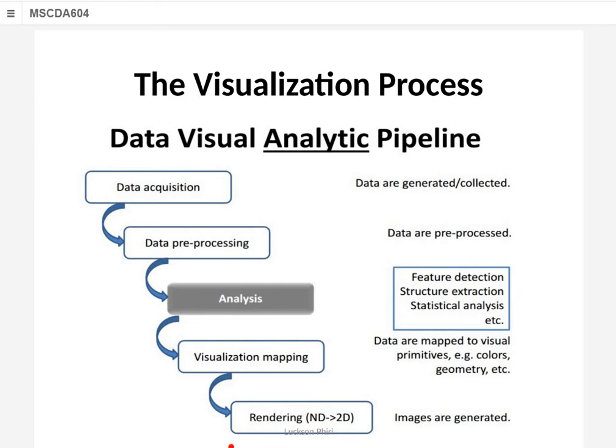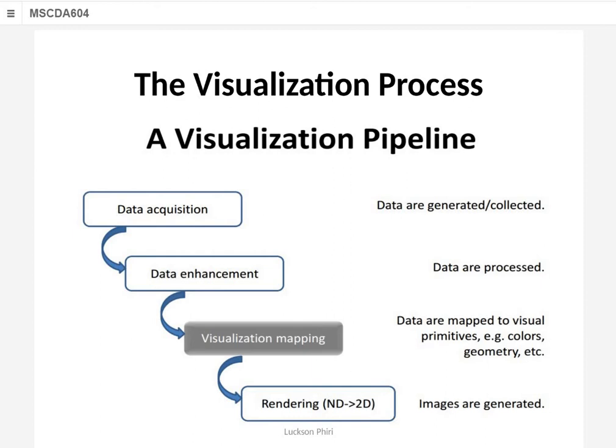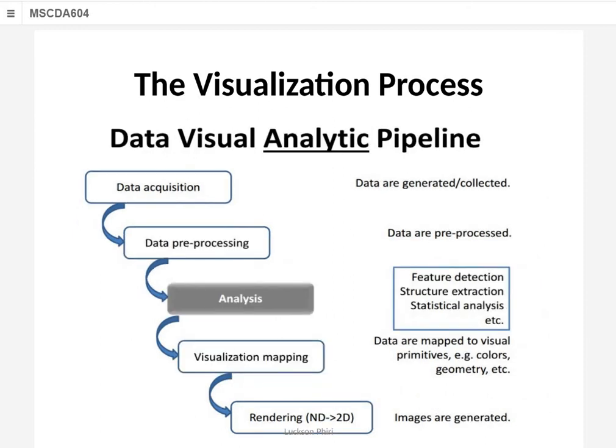If you notice, in the first process we just processed the data, but this time we are pre-processing it, because perhaps you want to use some algorithms or techniques that enable you to analyze the data.